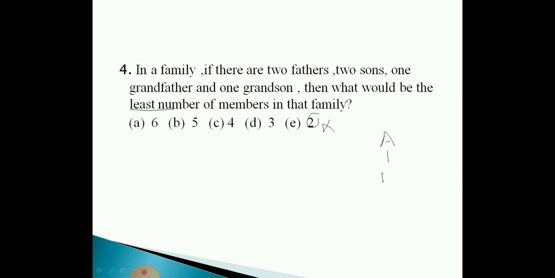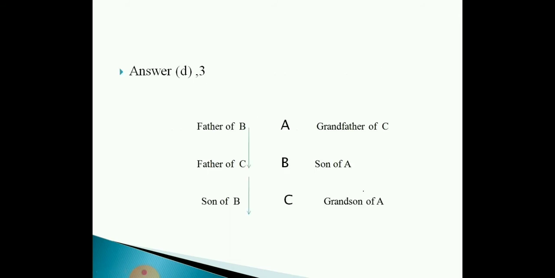So I am taking 3 members here, A, B and C. Let us check whether it is possible to make the relation of 2 fathers, 2 sons, 1 grandson and 1 grandfather. Yes, with A, B, C it is possible. The answer is 3. A, B and C are in 3 generations.